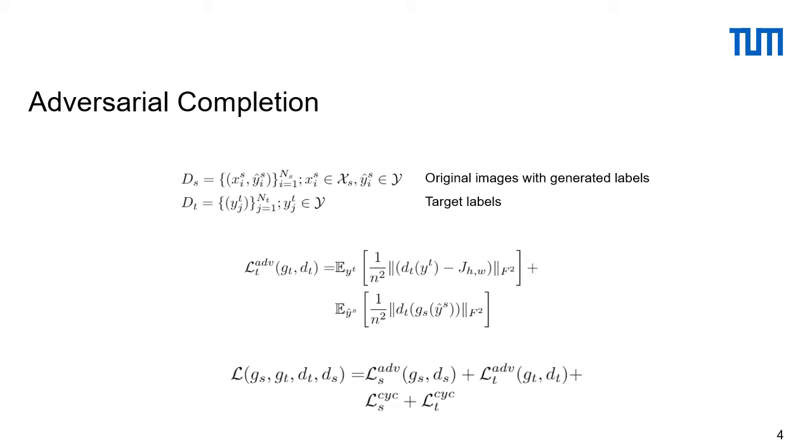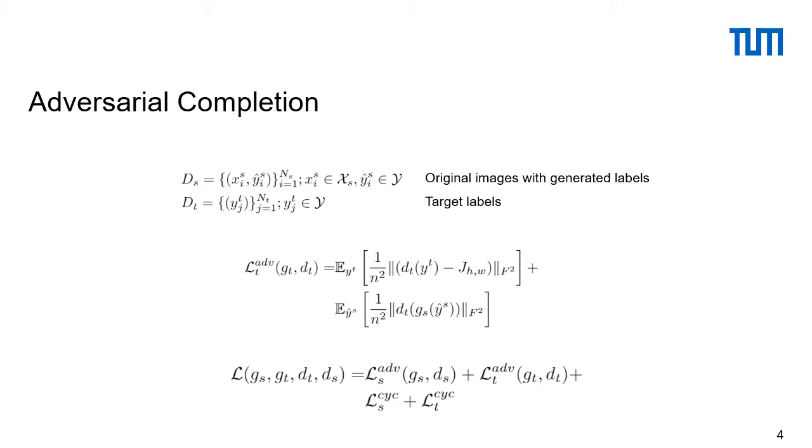Our annotation completion technique rests on a widely adopted tandem of adversarial and cyclic consistency losses. They provide both solid adaptation results and stable training procedures robust against mode collapse. Our goal is to learn the mapping function which transforms YSi to YTj.